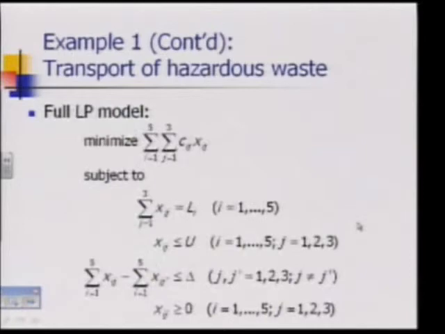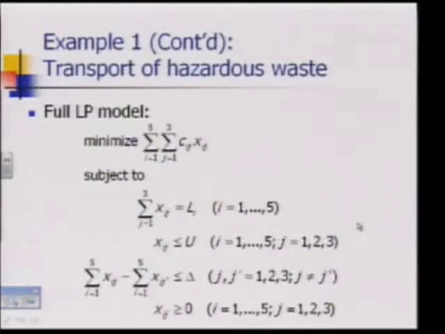And now you can say, if I want to solve the minimized cost subject to the initial constraint that all these weights have to be transported, have to be processed by these three plants.